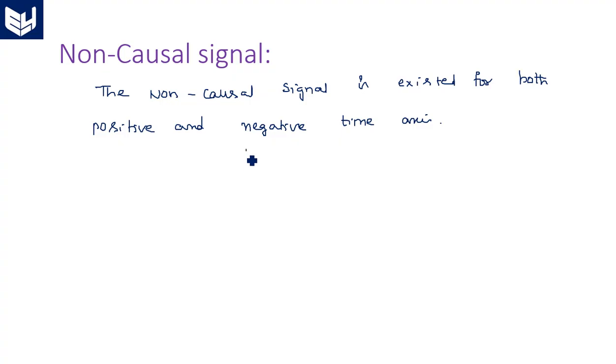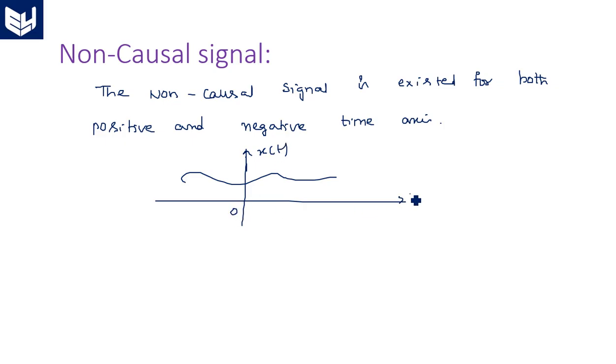Okay, that means the signal is existed for both the time axis, means this is non-causal signal. Okay, so non-causal signal is nothing but x of t is not equal to 0 for all t. Okay, this is what a non-causal signal. It will never be 0 for any sided part, whether it is a positive side or negative side. So that is non-causal signal.